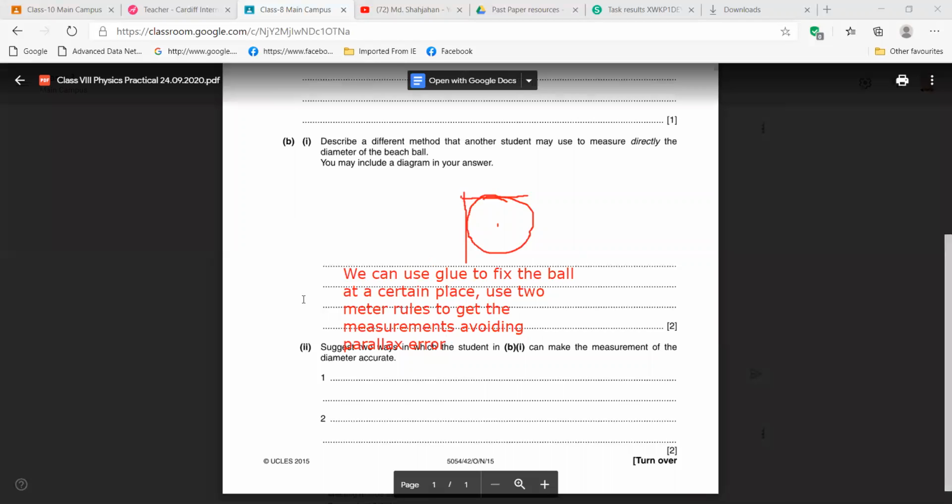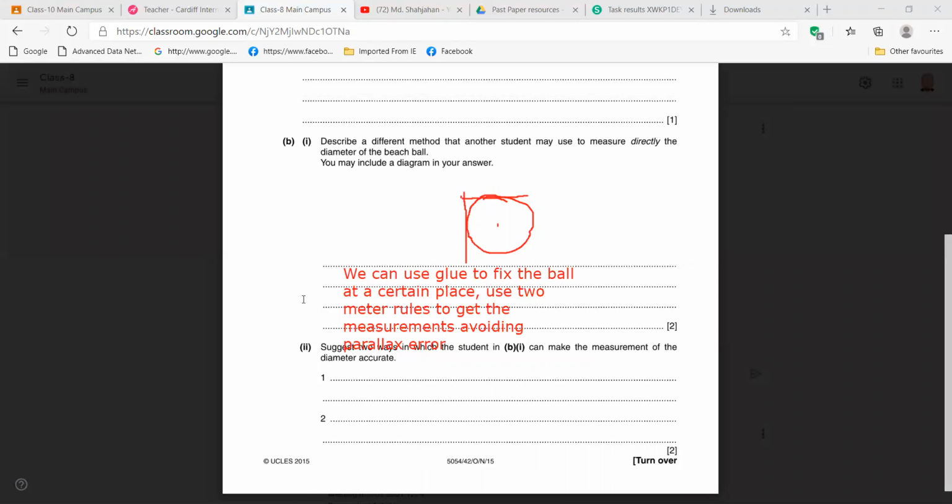Sir, we can also use thread to fix the ball. Okay, but it might tear. Sir, is that okay?